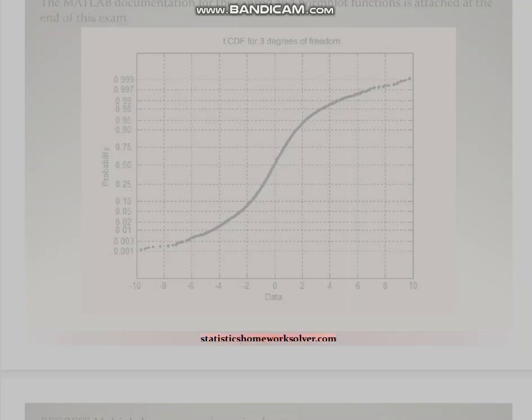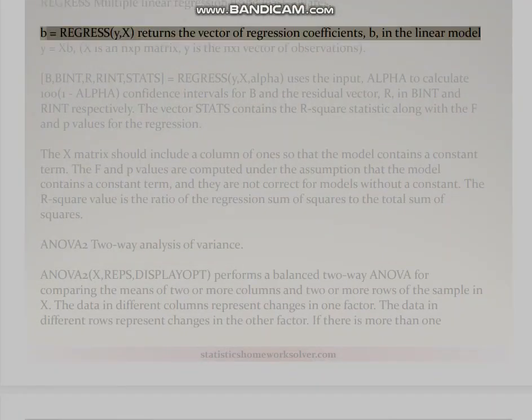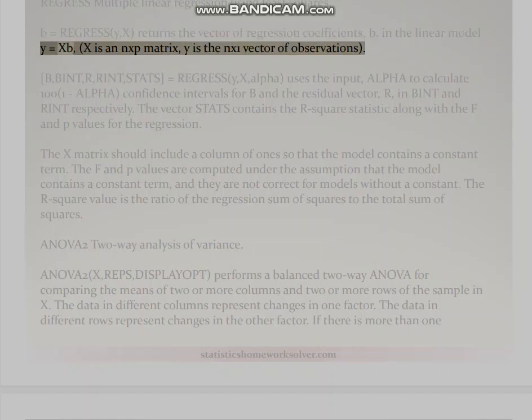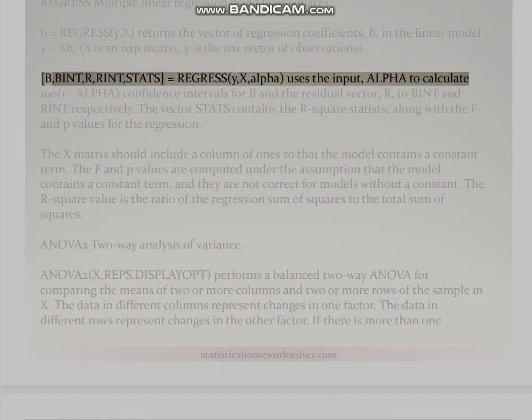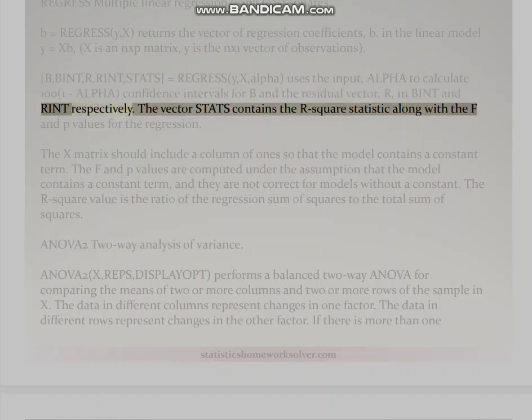Regress: multiple linear regression using least squares. b = regress(y,X) returns the vector of regression coefficients, b, in the linear model y = Xb. X is an n-by-p matrix, y is the n-by-1 vector of observations. [b,bint,r,rint,stats] = regress(y,X,alpha) uses the input alpha to calculate 100(1-alpha)% confidence intervals for b and the residual vector, r, in bint and rint respectively.